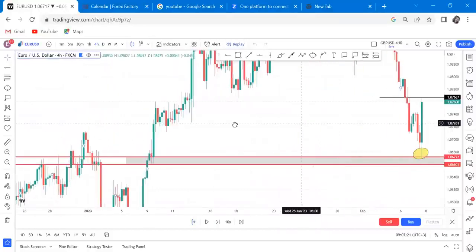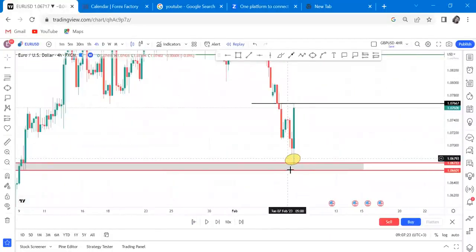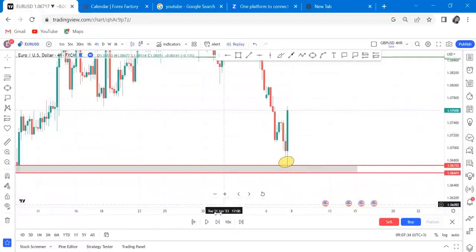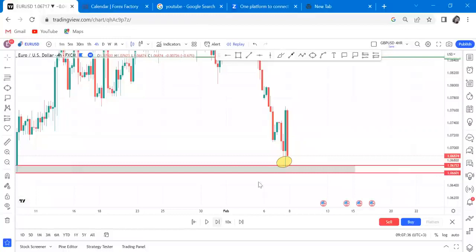When the market tapped this zone, the candle was very huge. So we were just waiting for a red candle so that we can know that is a resistance. As we were waiting, you can see we got the red candle.